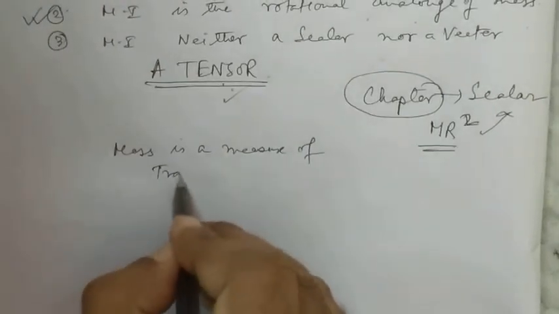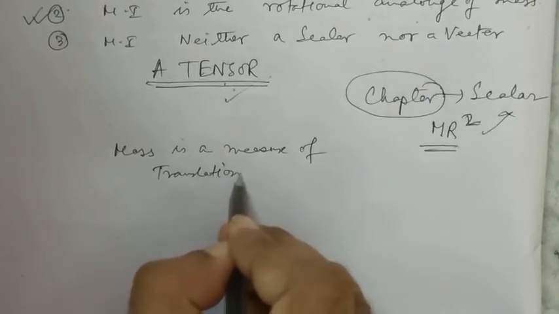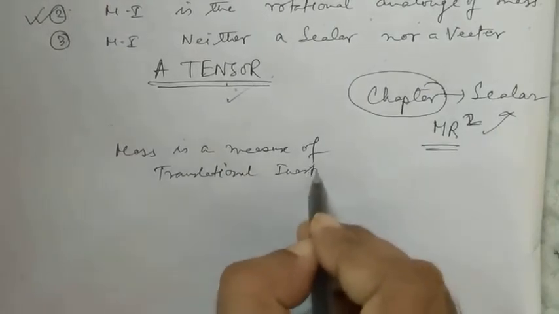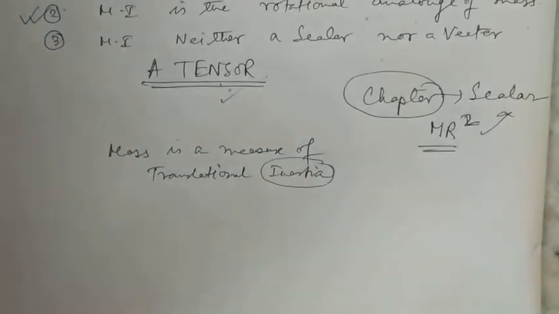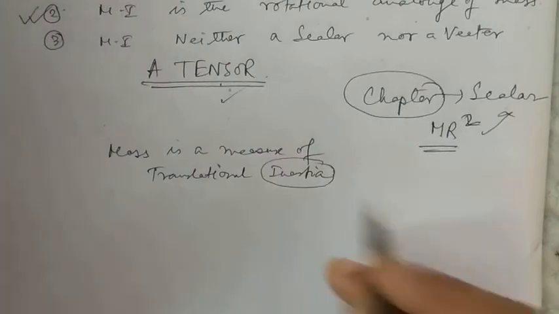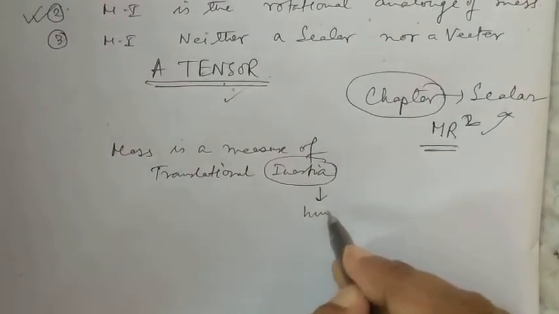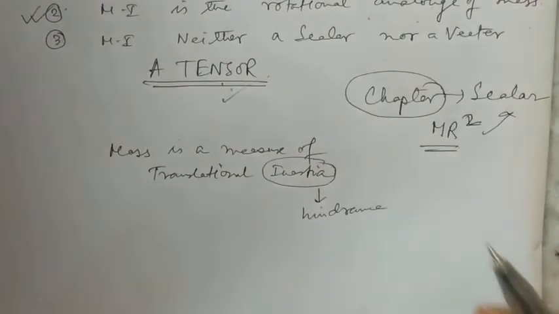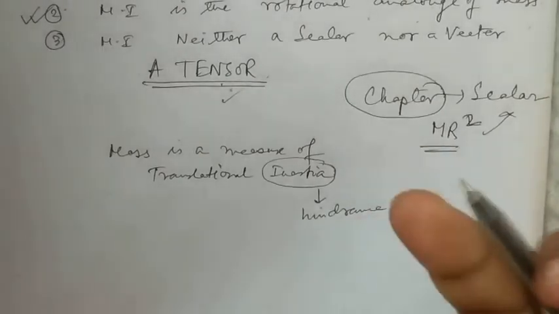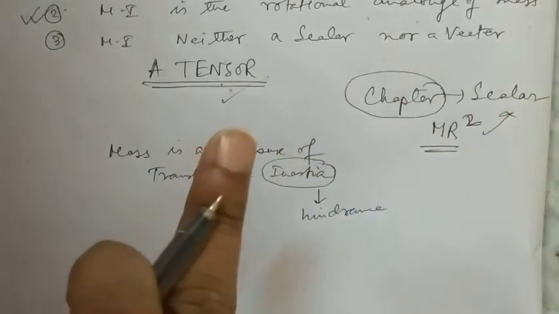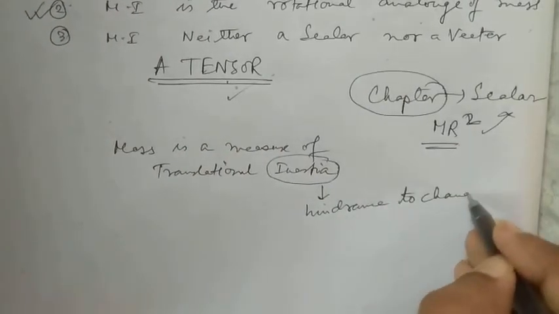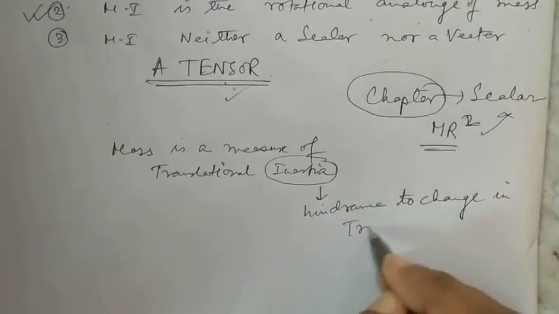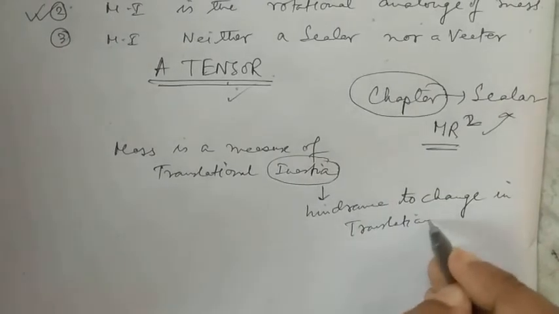Now this term inertia, what does this mean? Inertia is a type of hindrance that a body shows, generated in the body to resist any change in its translational motion.